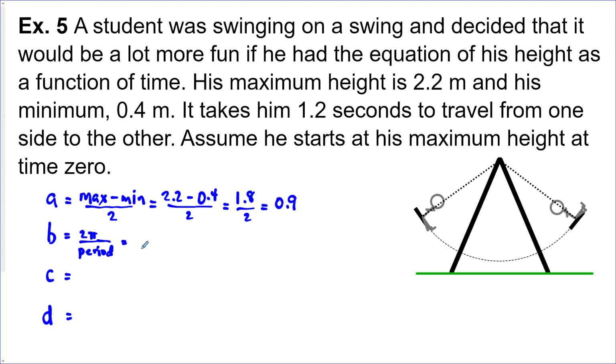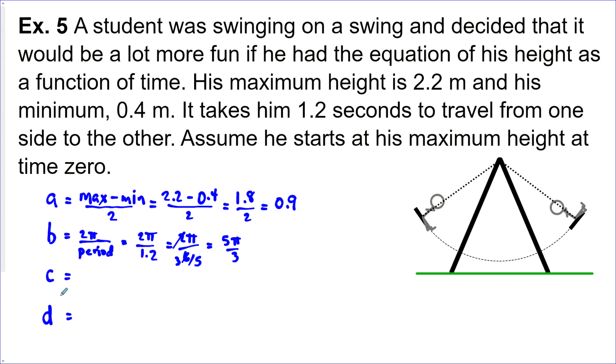So in this case, from top to top, or maximum height to maximum height, would be 1.2 seconds. So the period is actually given to us in the question. And then we could just make this look a little bit better. 1.2 is, say, 5 over 6. And then we could simplify the 2 here. So this could equal 5 pi over 3.